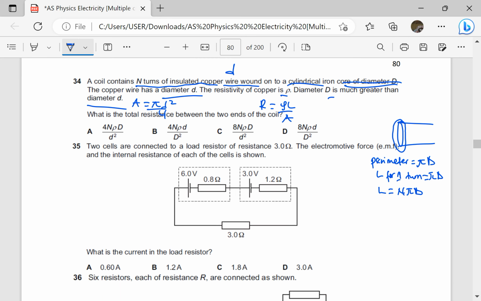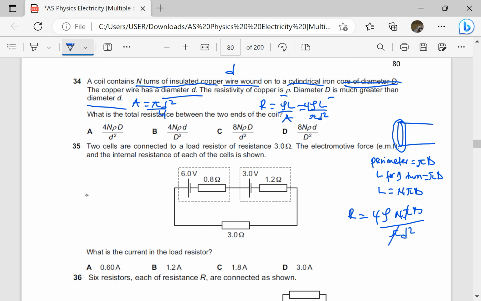Okay? So since resistance is equal to rho L over area, this is the same as rho L over the area, which is pi d squared over 4. The 4 goes up. So now I have that resistance is going to be 4 rho, the resistivity, times the length n pi d, divided by the area, which is pi d squared.